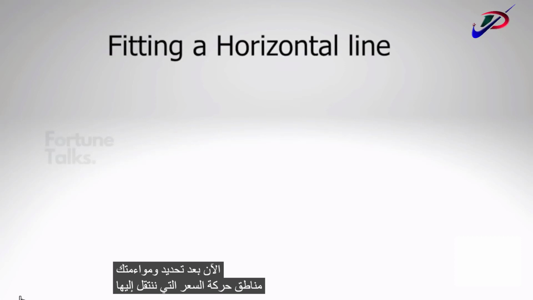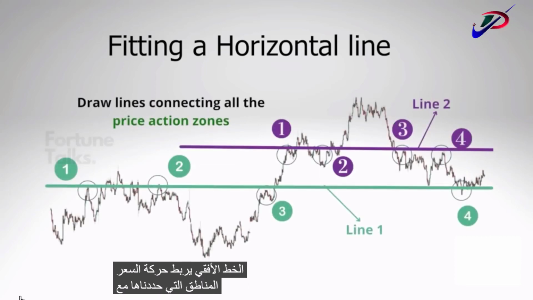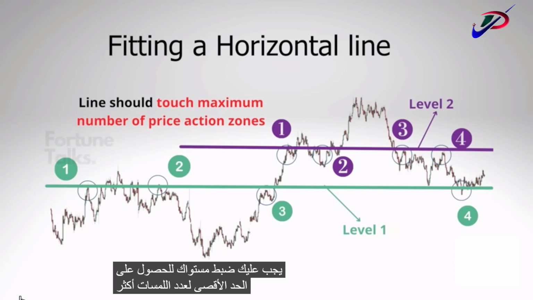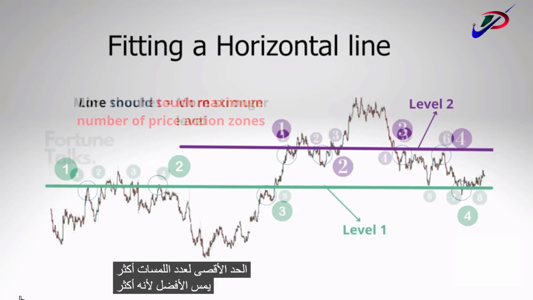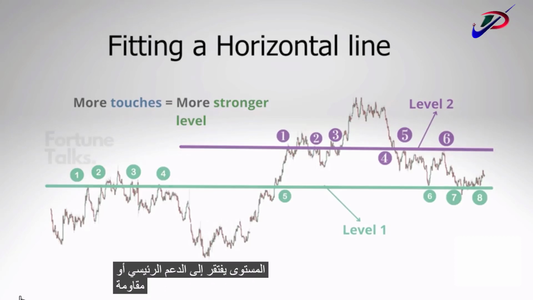Now after identifying and aligning your price action zones, we move on to step number 4, that is fitting a horizontal line. Connect the price action zones that we have identified with a horizontal line. After drawing the line, you have to adjust your level to get the maximum number of touches. The more touches, the better, because the more touches, the stronger the price level will act as a major support or resistance.